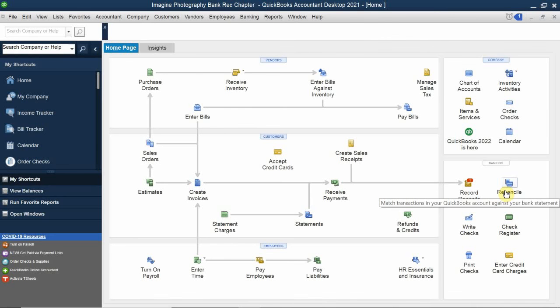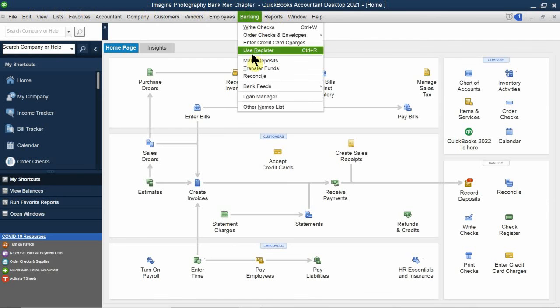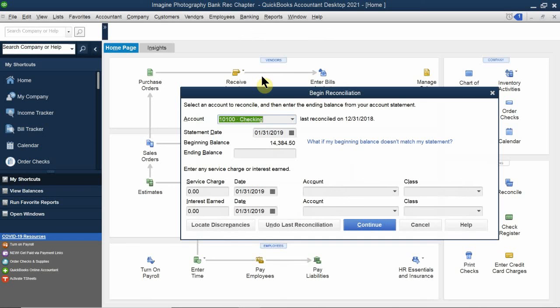If you choose this option, you only have the banking option. If you want to reconcile another account, I would recommend you go to your banking menu, and reconcile that way. I'm already there, so I clicked it on my banking menu. Again, there's only two ways for you to do this: the home page and the menu bar.